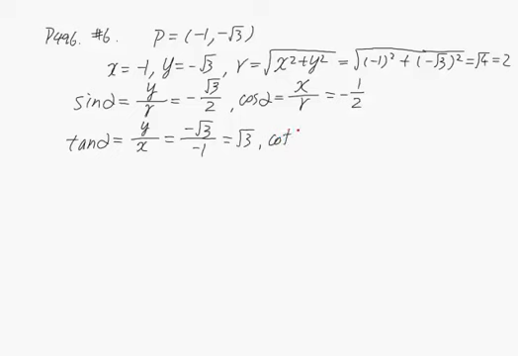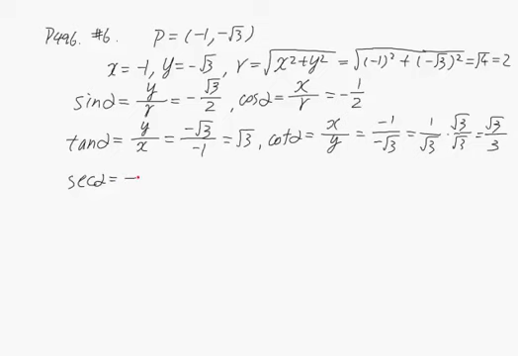Then cotangent alpha is equal to x over y. So that is negative 1 over negative root of 3, which is equal to 1 over root of 3. And you rationalize, then you get root of 3 over 3. Then secant alpha.